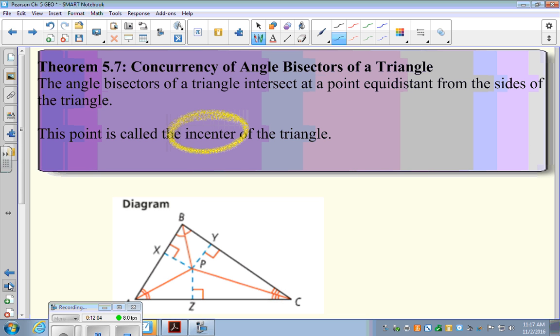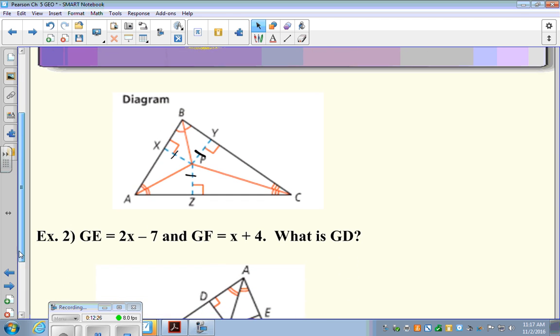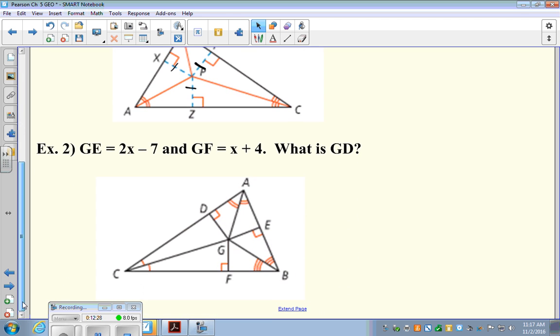So if you look at our diagram, these three sides, PY, PX, and PZ, are all equidistant. And that's called the incenter. The way I remember this is angle starts with a vowel and incenter starts with a vowel, and they're both kind of small words versus perpendicular, bisector, and circumcenter.